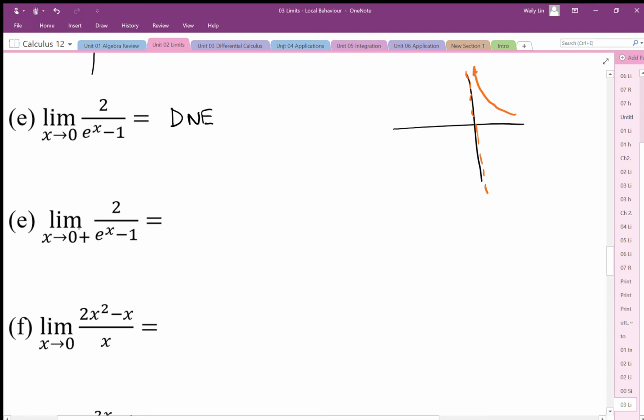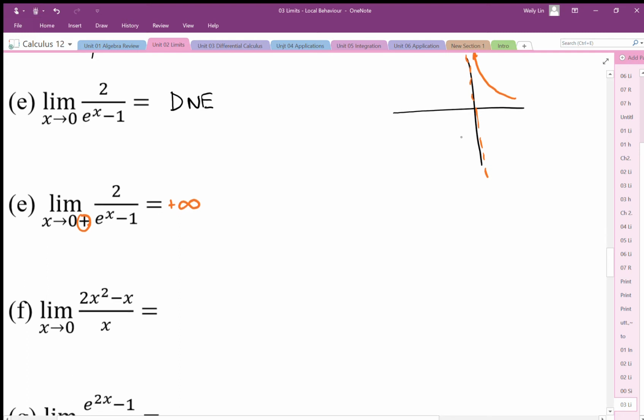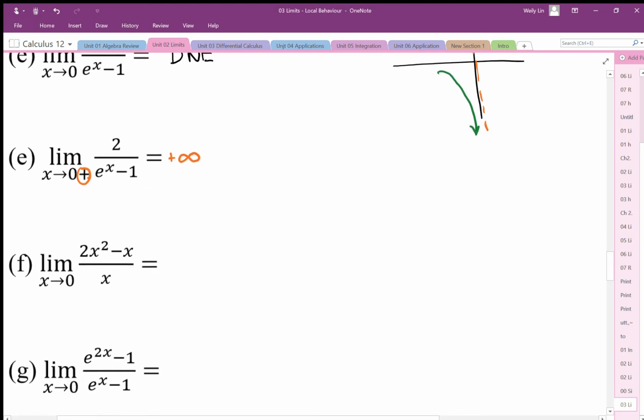So from the positive side, we're going to end up going to positive infinity like that. From the negative side, it's going to go down to negative infinity like that. So we have to be careful which side of 0 we're dividing from.